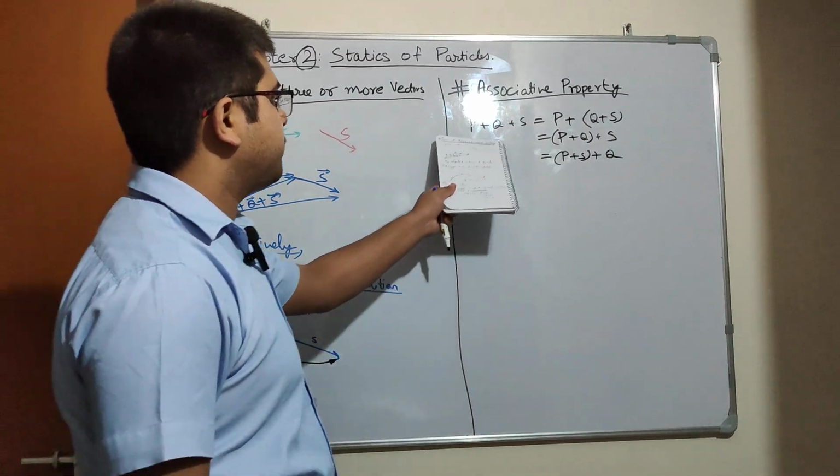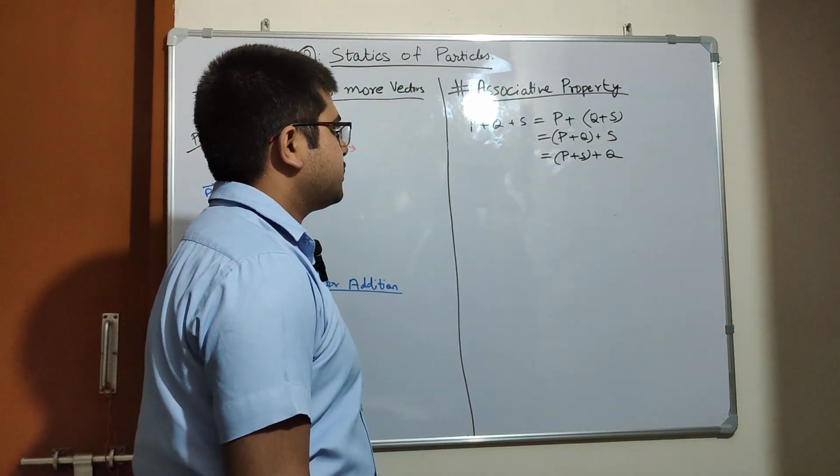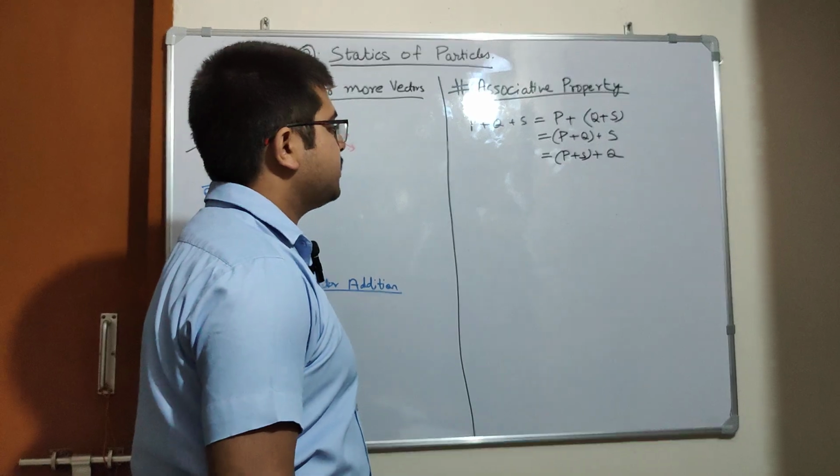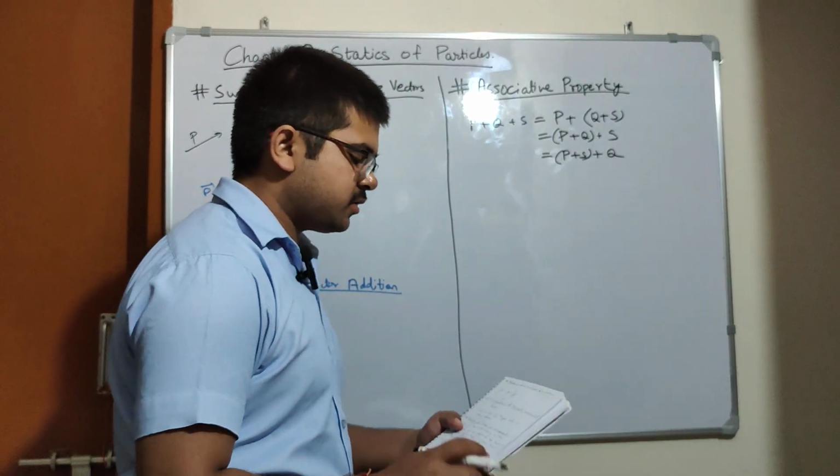All these are equal to p plus q plus s. So this is associative property of vector.